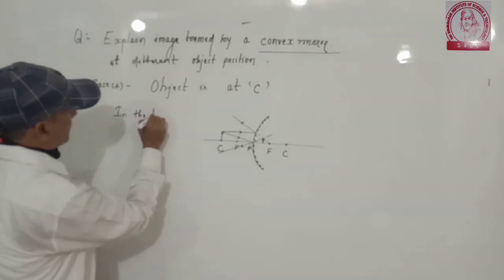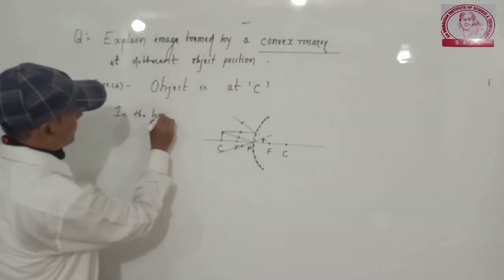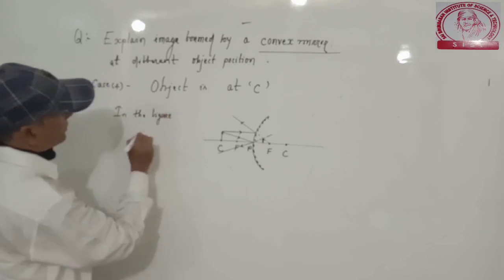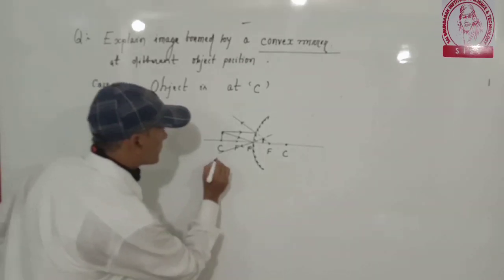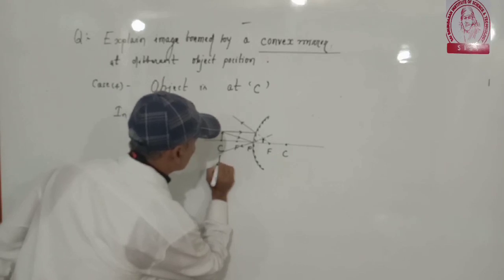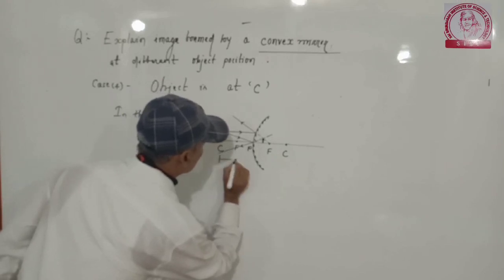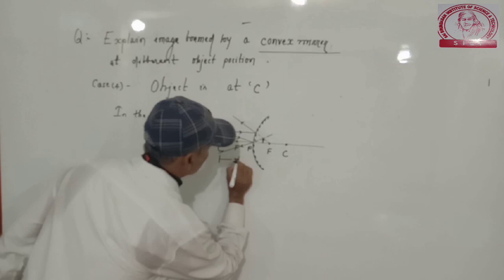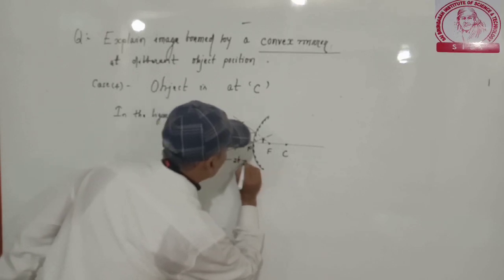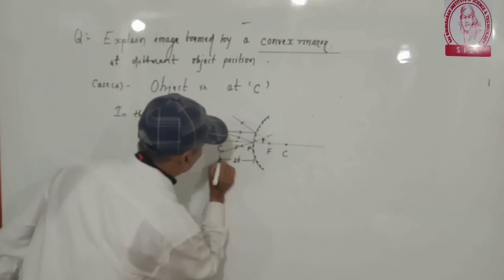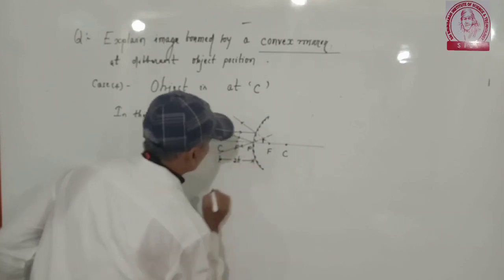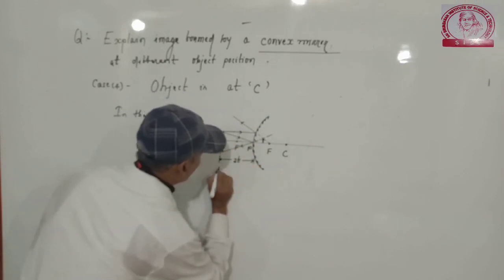In the figure, this is 2f, and no doubt this is u.